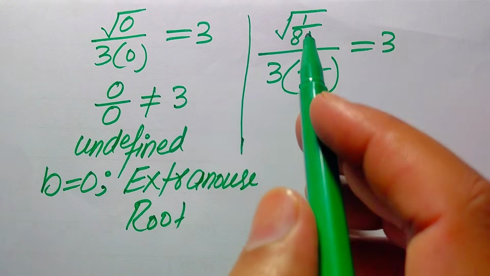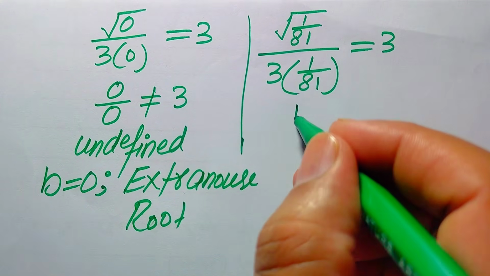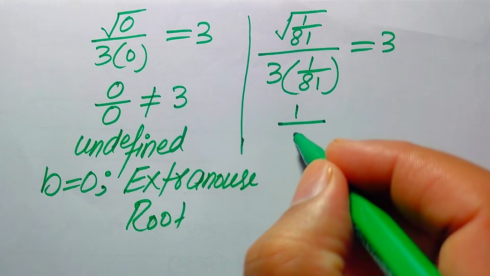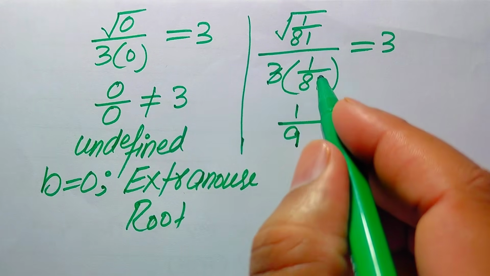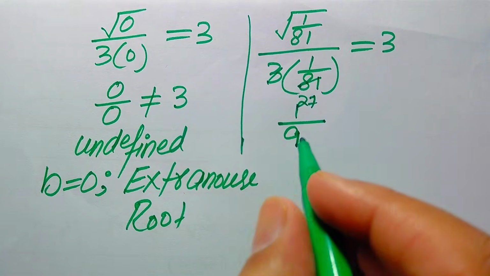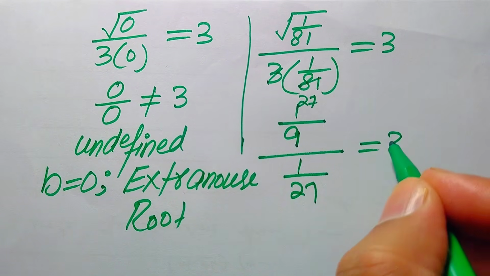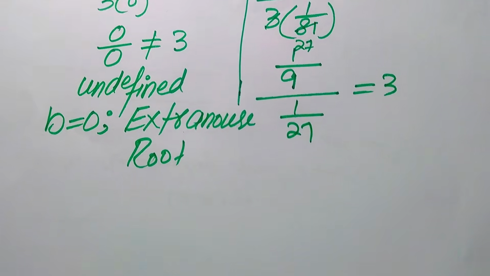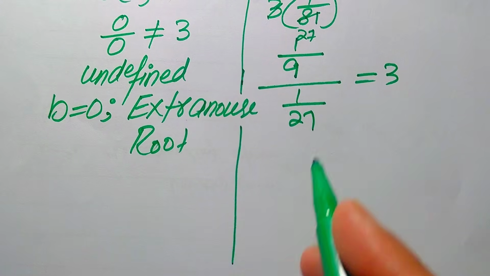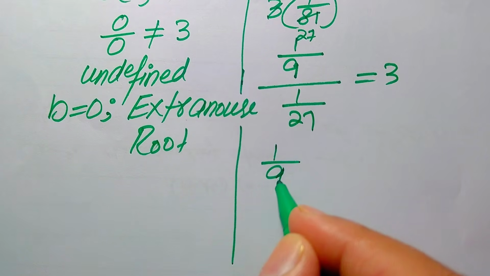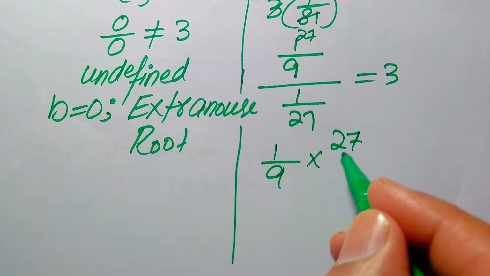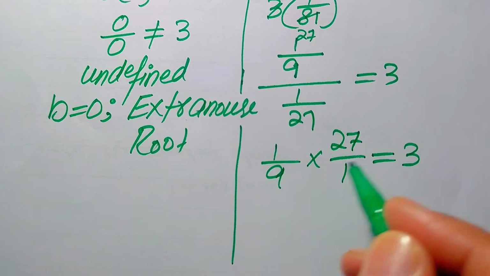Now we need to simplify the second value. Here the square root of 1 becomes 1 and the square root of 81 becomes 9. So this is 3 times 9, which becomes 27, and we have 1 over 27 is equal to 3, or not. Further, in the next step we have 1 over 9 multiplied by 27 divided by 1 is equal to 3.